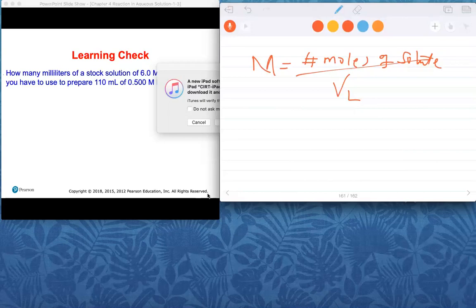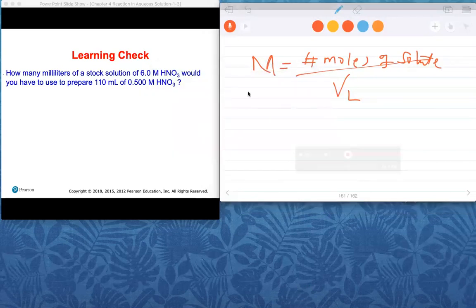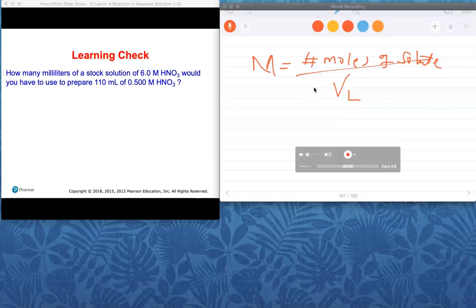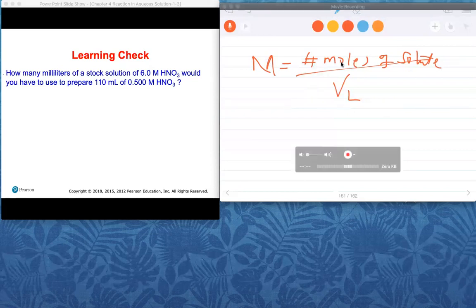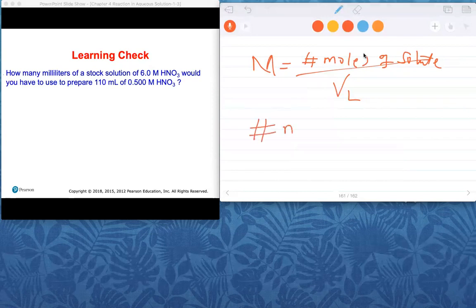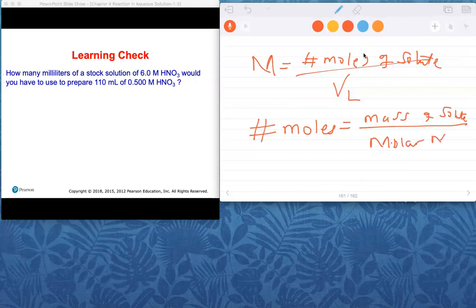This is what we looked at last time. Given the mass of a solute that's being dissolved in a given amount of solvent, you should be able to find the molarity. Quite often, for the top part, the number of moles, you may be required to determine it using the mass of the solute divided by the molar mass.